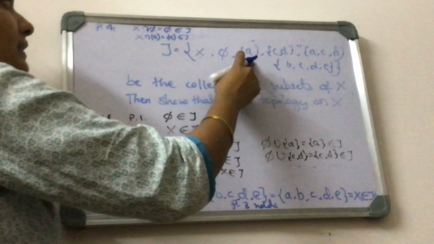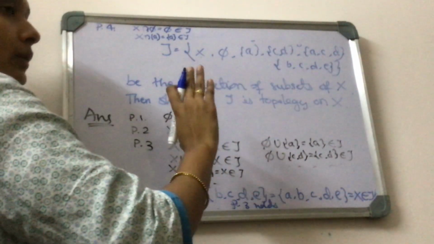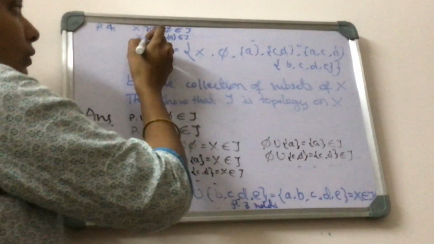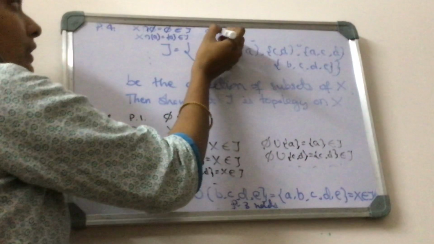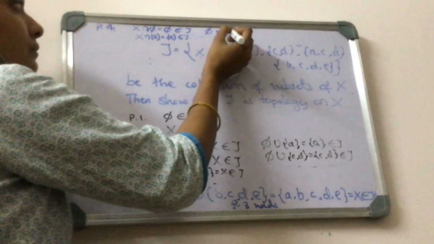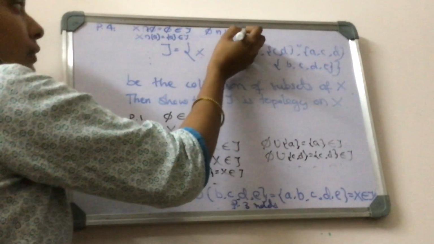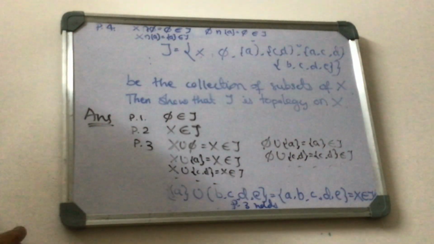So X intersected with any member of tau is again that subset only. So no need to check, that is all there. And phi intersection with any set is phi only. That is also there in tau. No need to check.